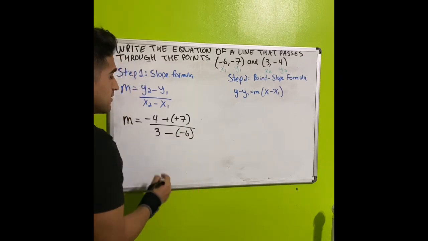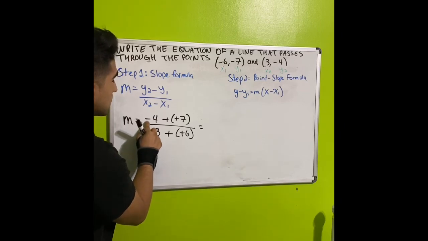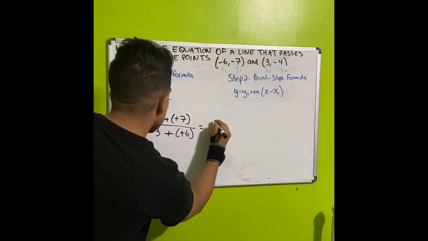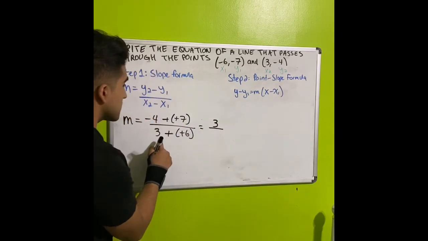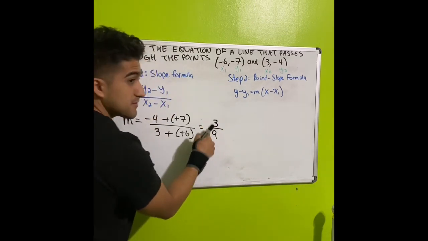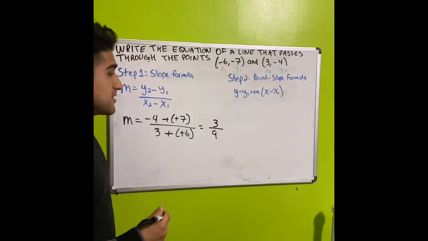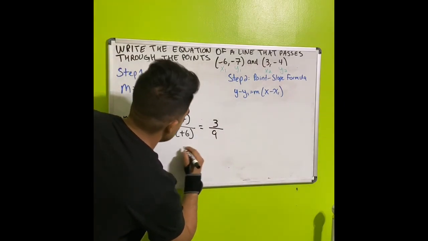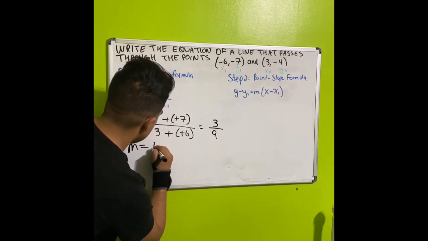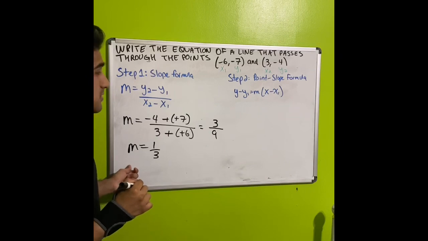Be careful of your double negatives. So here I have negative 4 plus 7 is 3. 3 plus 6 is 9. I want to simplify this fraction. The numerator and denominator are both divisible by 3. So that's going to be 1/3. So I'm going to have a slope of 1/3.